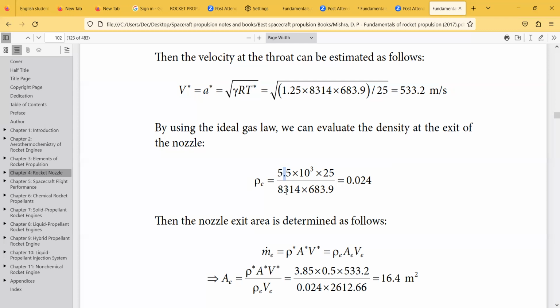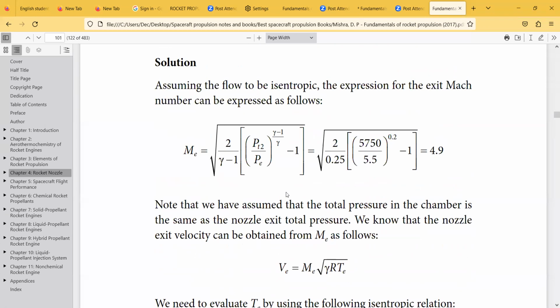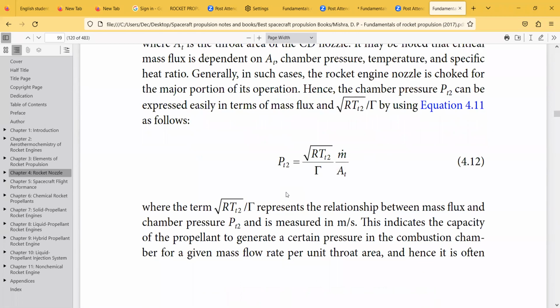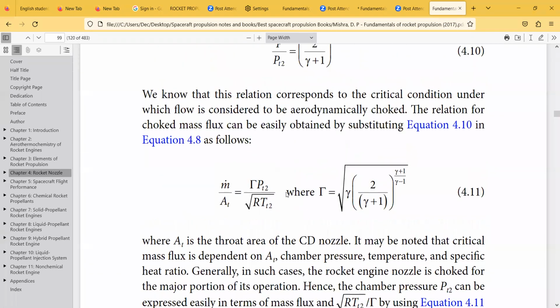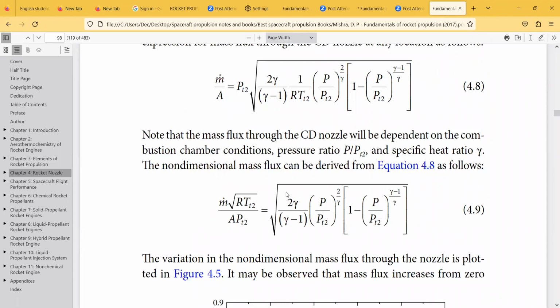We have a relation for exit density somewhere. Yeah, the pressure and density relation. We can use that.